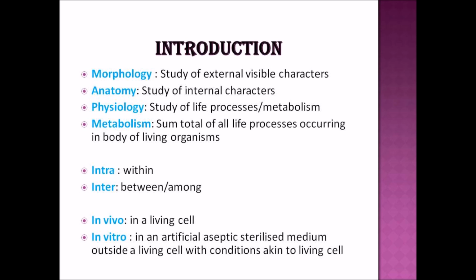But the study of the xylem and phloem constitute a part of anatomy. The flower, fruit and leaf can be seen externally, but the xylem and the phloem of the stem are internal structures and hence will be studied under anatomy.